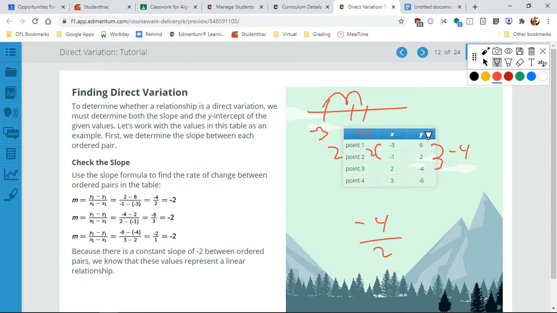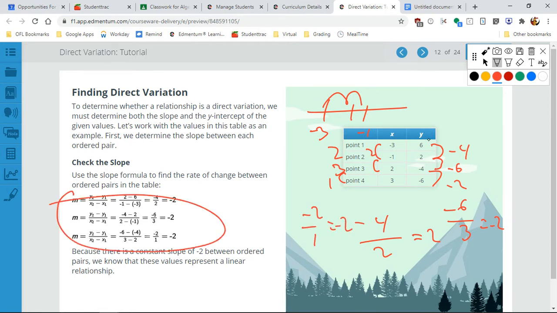I'm going to go down by 6, and I'm running 3. So -6 divided by 3, that's still going to be -2. What's happening here? I'm going to go down by 2, and I'm going to run 1. -2 divided by 1, that's still -2.